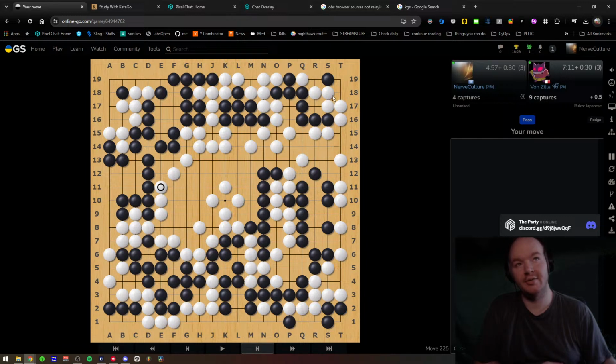I have a hard time reading if this is alive or dead. I think I can potentially create a killing shape, but you can connect out. And these don't have eyes. They're not getting out anywhere. That's dead. These have space, but they're not alive yet.